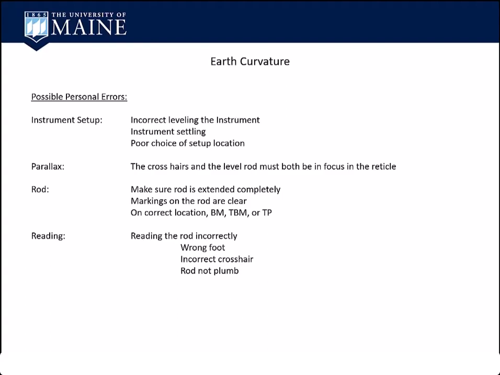Some of these rods we use have multiple sections, and if they're not extended fully and someone's reading that section, then they're not reading the correct height. But you can't see that through the instrument.